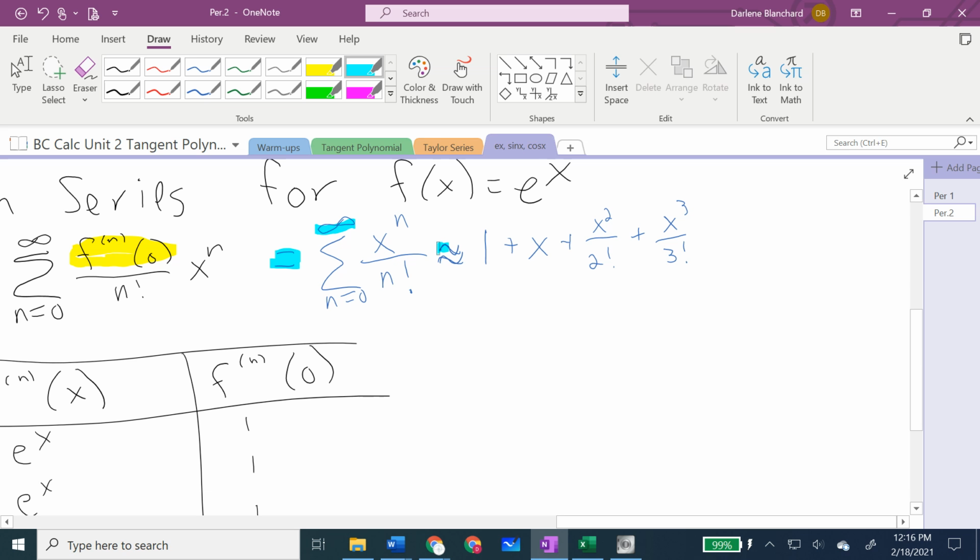I write squiggle equal here because I cut the polynomial, and you need to understand that if you cut off the polynomial and don't have it going to infinity, it's squiggly equal. It is an approximation. On the p-test in the distant past, they used to take off points for not writing squiggly equal signs, so I still emphasize write squiggly equal signs. So that's e to the x.